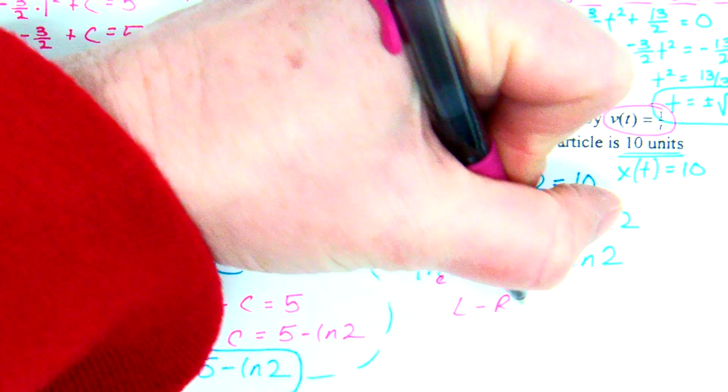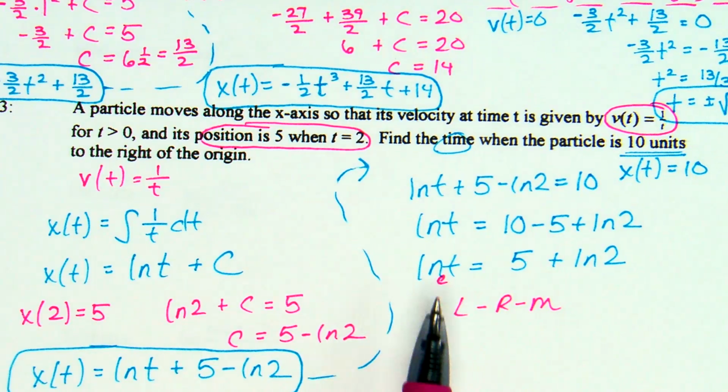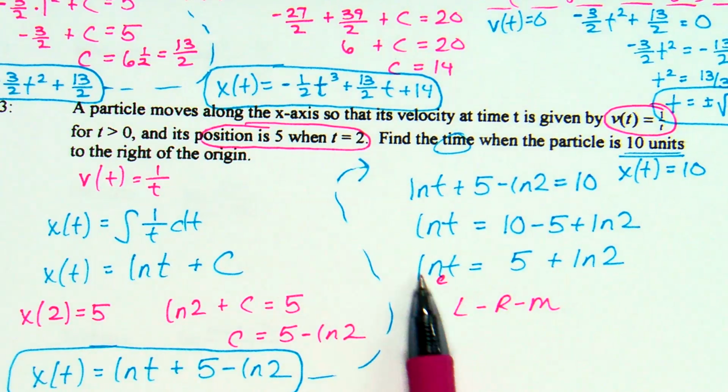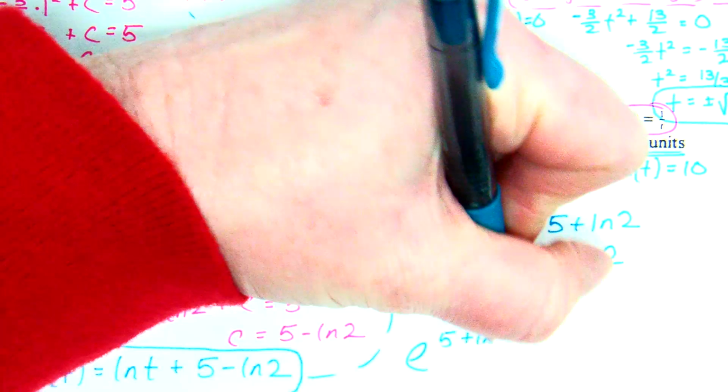I would say left, right, middle. Okay. There's several different ways you can think about it, I guess. My brain goes to left, right, middle. Natural log is base e, right? Then invisible base e. So e, the left to the right equals the middle. So e to the 5 plus natural log of 2 equals t.